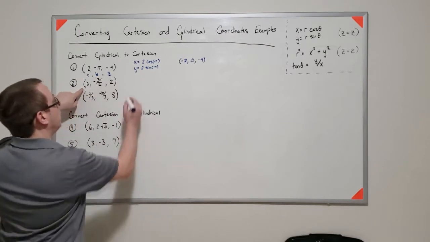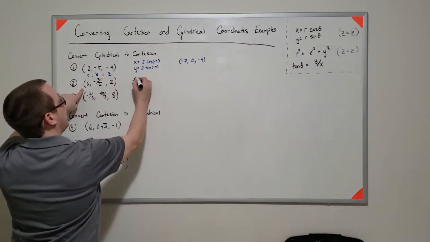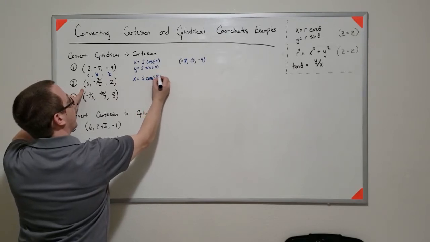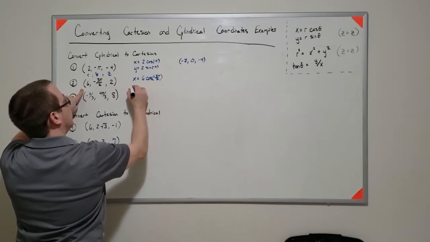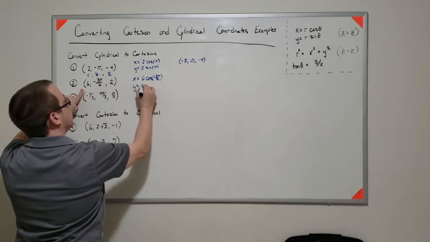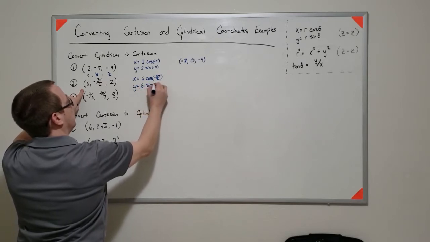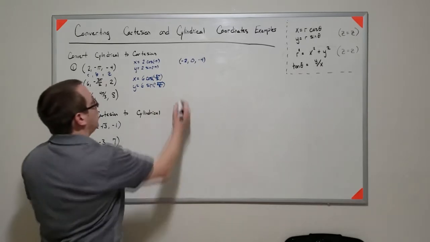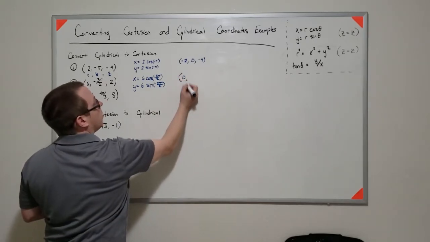So similarly, x is 6 cosine -3 pi over 2. Y is 6 sine -3 pi over 2. So that's 0.